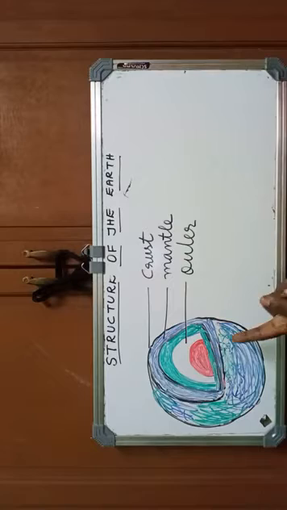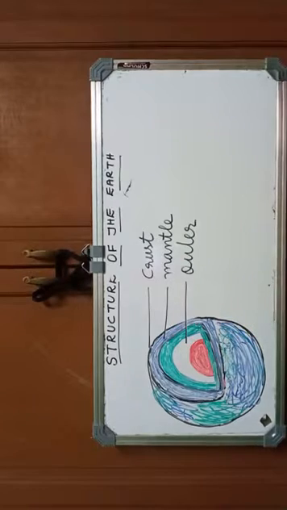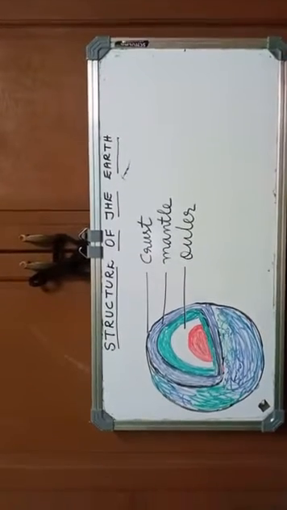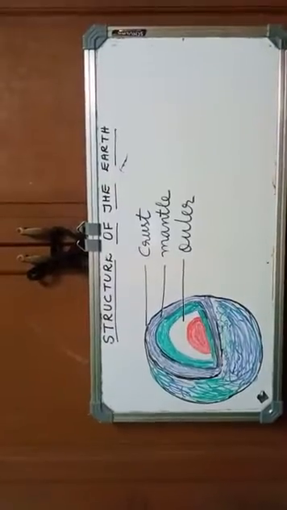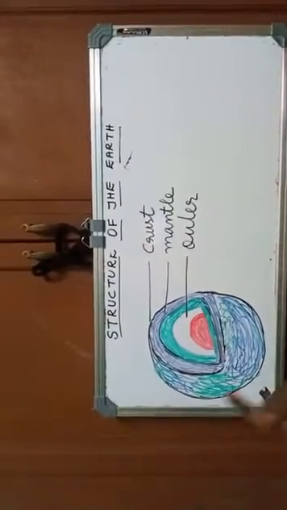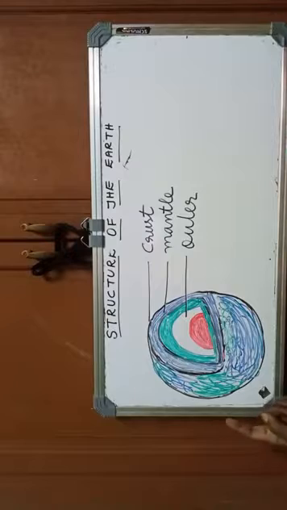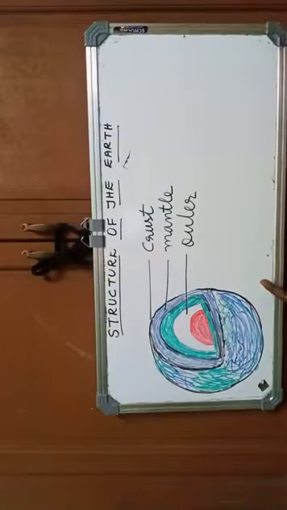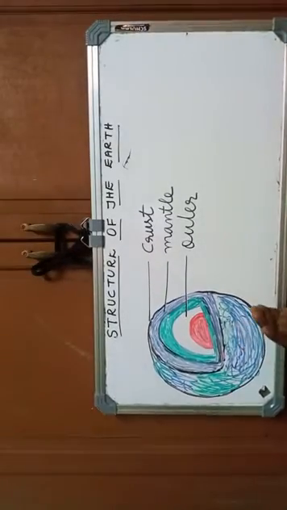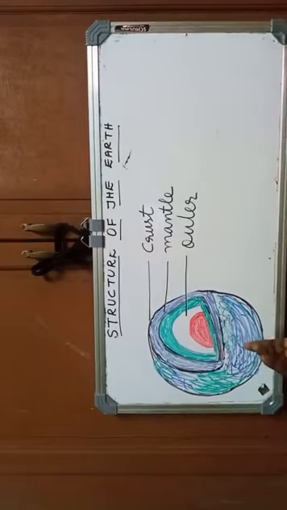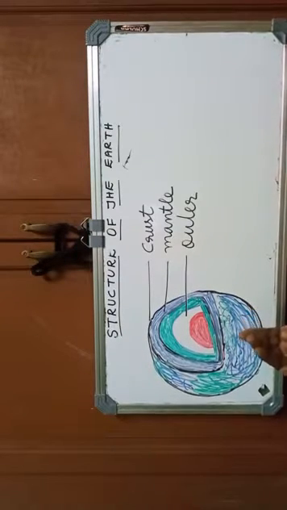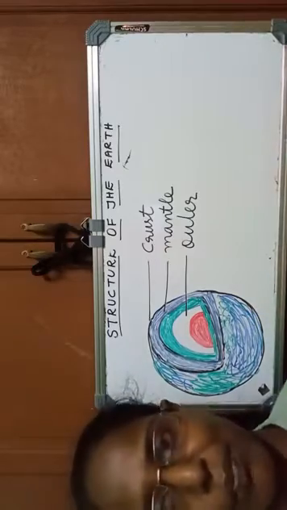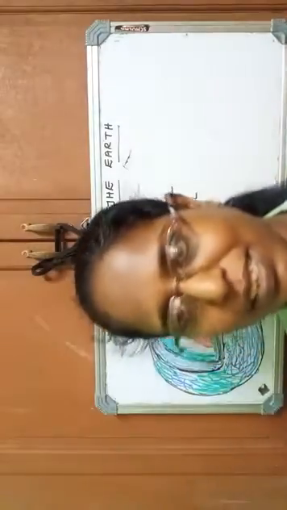If you just imagine this is our Earth, then a layer of air surrounds our planet Earth, and that is called atmosphere. So this layer of air and water make life possible on the Earth.